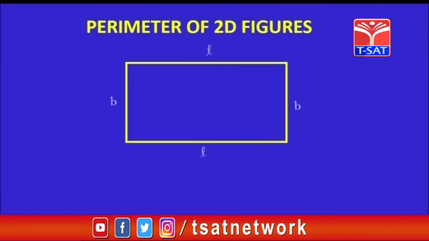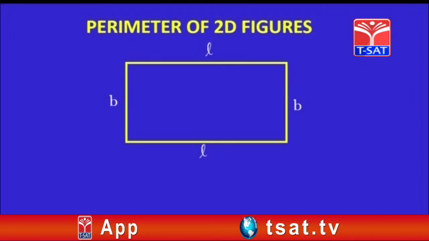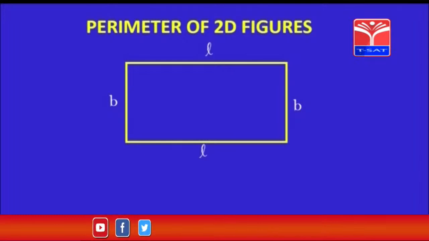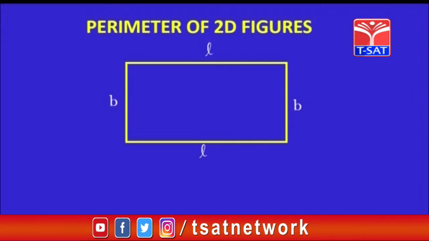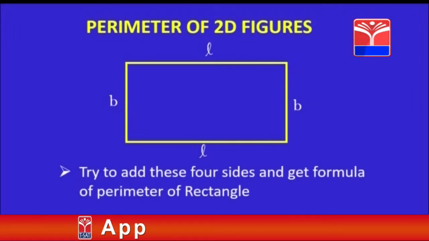Here the measurements are like this. What is this shape here? Yeah, this is rectangle whose measurements are length L, breadth B. Like that, 2 lengths are here and 2 breadths are here. Try to add all these and get the perimeter formula of rectangle.